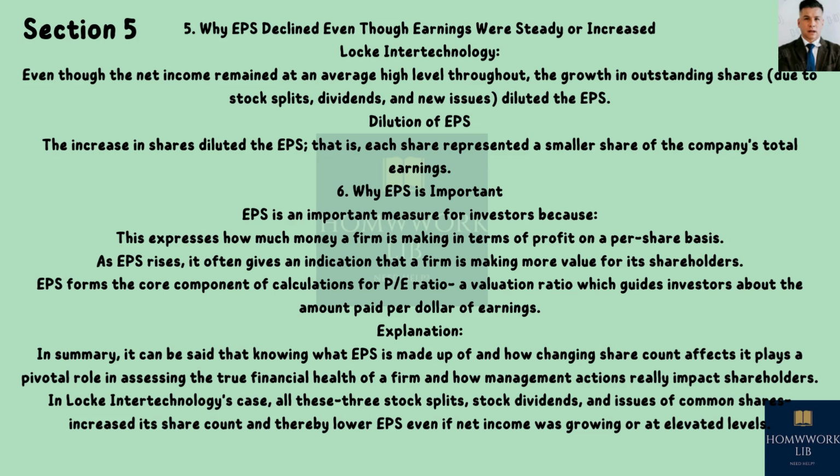Even though the net income remained at an average high level throughout, the growth in outstanding shares, due to stock splits, dividends, and new issues, diluted the EPS. The increase in shares diluted the EPS.